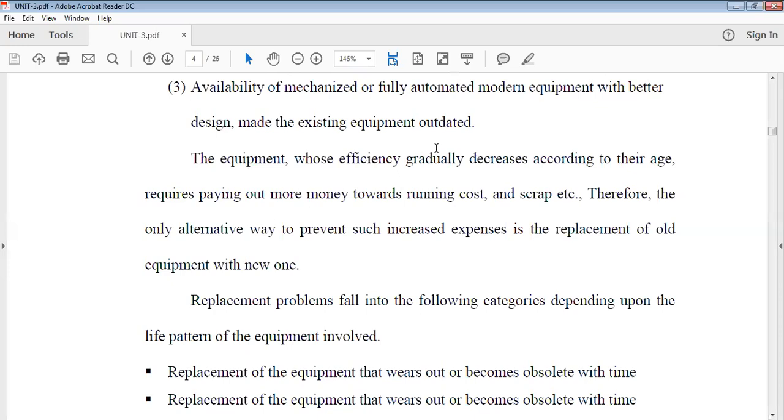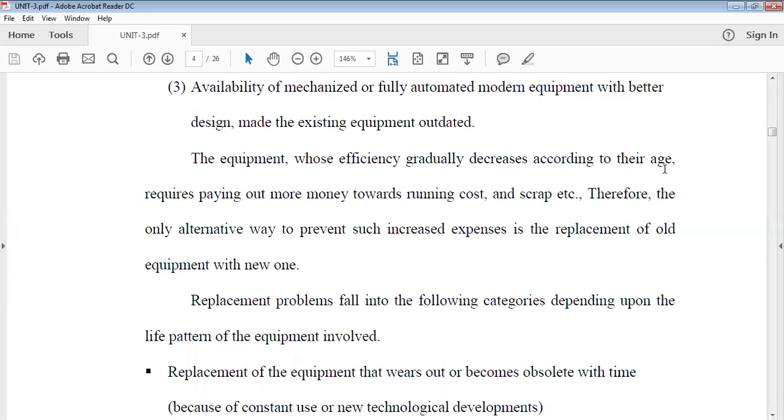Next, the equipment whose efficiency gradually decreases according to the age requires paying out more money towards the running cost. After continuous working, it will take a large amount of money to run the particular machine, plus scrap, etc. Therefore, the only alternative way to prevent such increased expense is the replacement of old equipment with new ones.